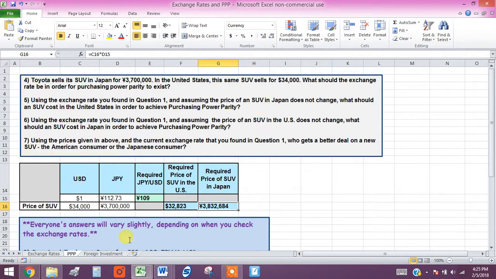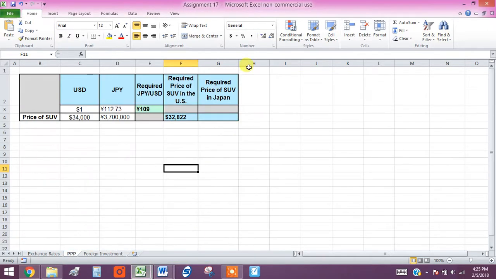So let's come back over here and do it. So let's go here and equals the price of the U.S. car times, which is an asterisk, exchange rate in yen, and we can see that it should be 3,832,000 plus, right? So the price should actually be higher.